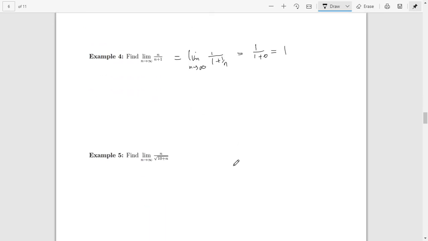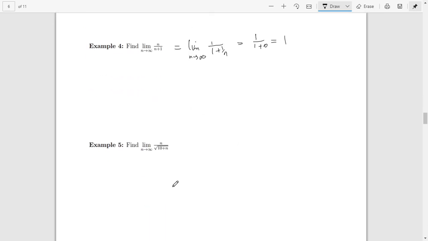In the next example, we are asked to compute this limit. We want to find whether the sequence defined by this is convergent or divergent. How do we do that?